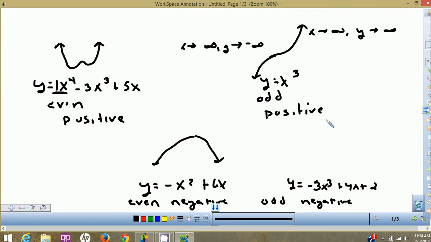Well, what does this function look like? It goes up to the left, it goes down to the right. So we have a general idea of the shape of our polynomial based on two things. Based upon whether this degree, whether this highest power is even or odd, this one was even, and whether this leading coefficient is positive or negative. Shape of our polynomial.